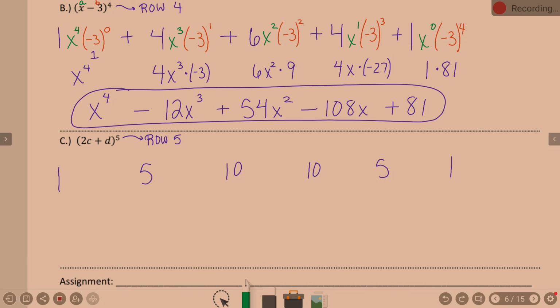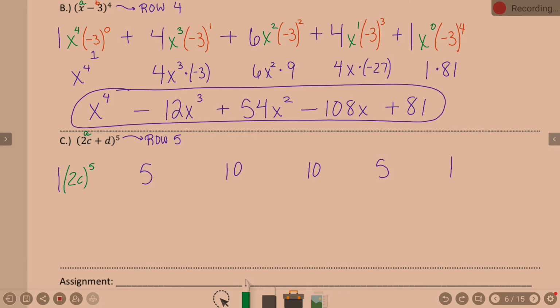Okay, the first thing we're going to do, our a value, which is 2c. You have to take the whole thing. And we're going to start by raising 2c to what power? It's going to be 2c to the 5th.